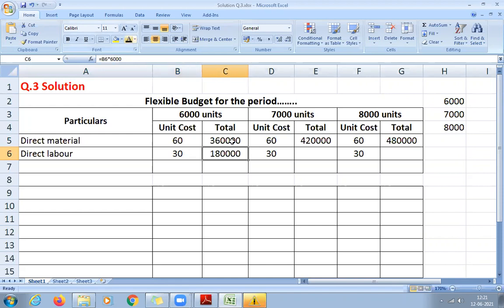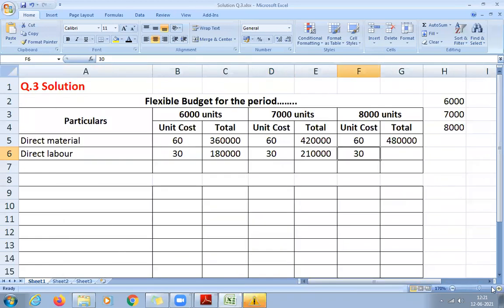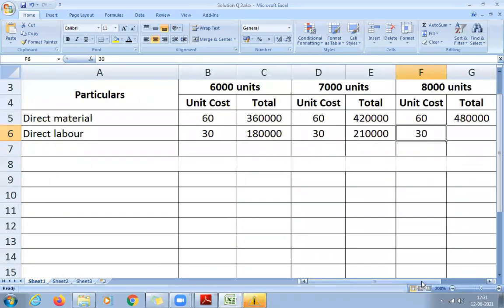Next 30 into 7,000: 2,10,000. Correct. Next 30 rupees into 8,000: 2,40,000.